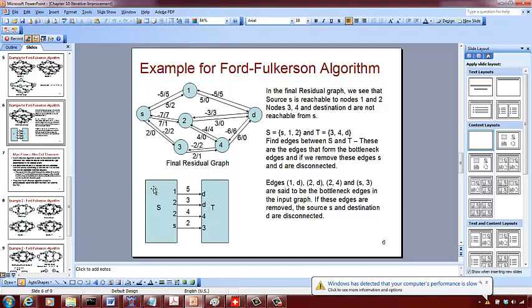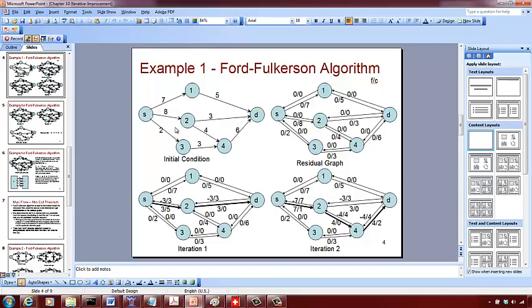So now if I try to find in the original graph all those edges that connect any vertex in this set S that is reachable from S and this set T that is not reachable from S, then we can come up with these 4 edges if you look at this original graph given to you, right? So from S to 3 you have this edge with weight 2, from 2 to 4 you have 4, and then what else?